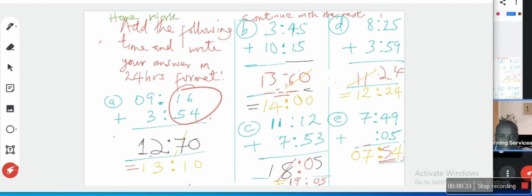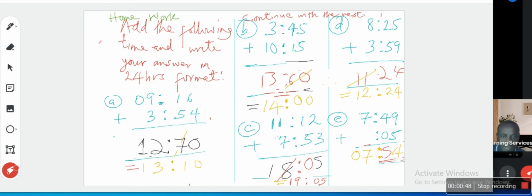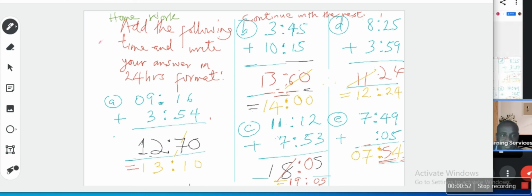So 16 plus 54 will give you 70, is it not? But you know, minutes do not get up to 70. Minutes stop at what? 60. So we got 70, and that's why we couldn't write 70.